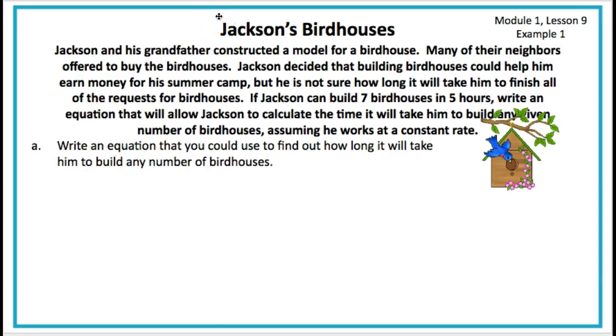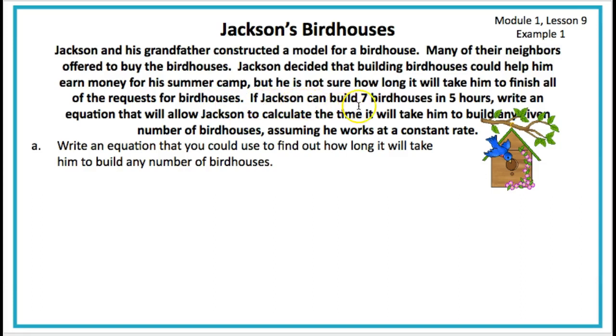Okay, let's read our first example, Jackson's birdhouses. Jackson and his grandfather constructed a model for a birdhouse. Many of their neighbors offered to buy the birdhouses. Jackson decided that building birdhouses could help him earn money for his summer camp, but he is not sure how long it will take him to finish all of the requests for birdhouses.